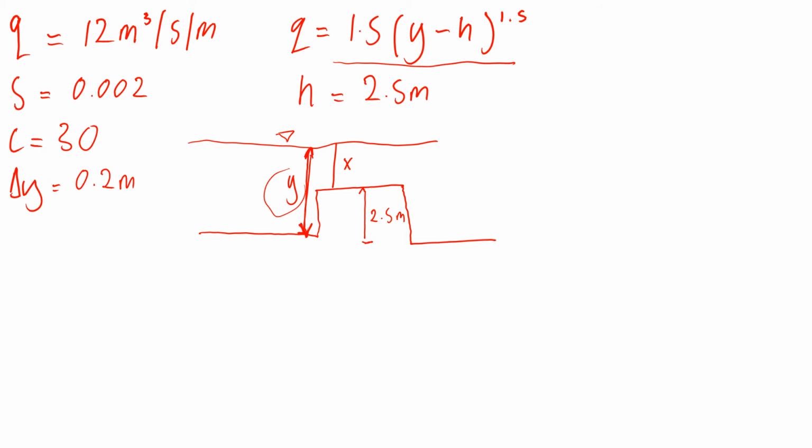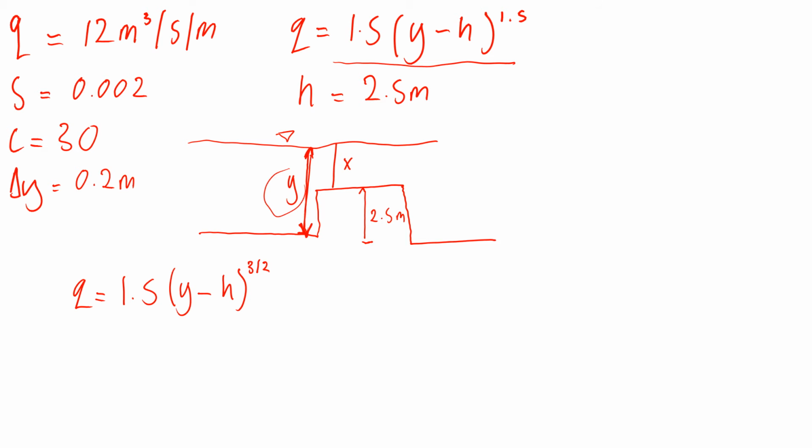So you can calculate what y is. If I write down that relationship again, q equals 1.5 (y minus h) to the 3 over 2.